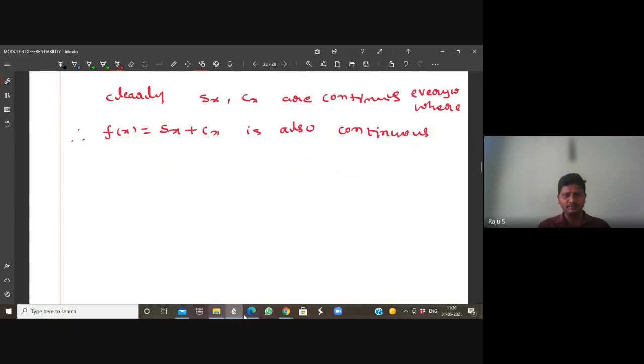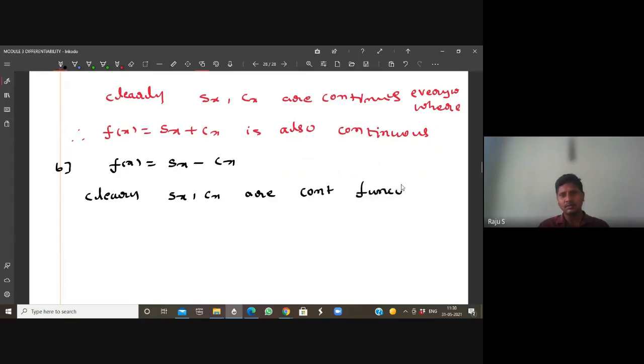This is the first subdivision. What is the second subdivision? B. Same, the f of x value they gave is sin x minus cos x. Here also, after proving sin x and cos x are continuous, clearly you can write the same: clearly sin x and cos x are continuous functions. Then f of x equal to sin x minus cos x is also continuous everywhere.